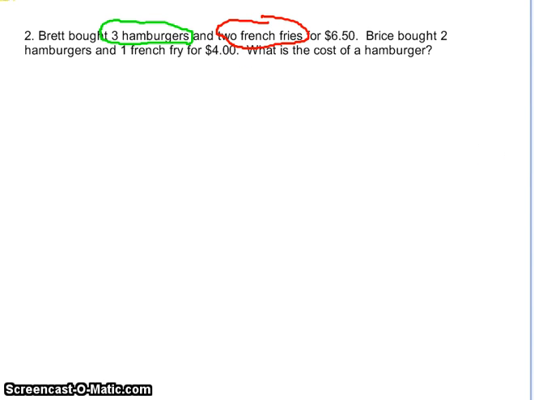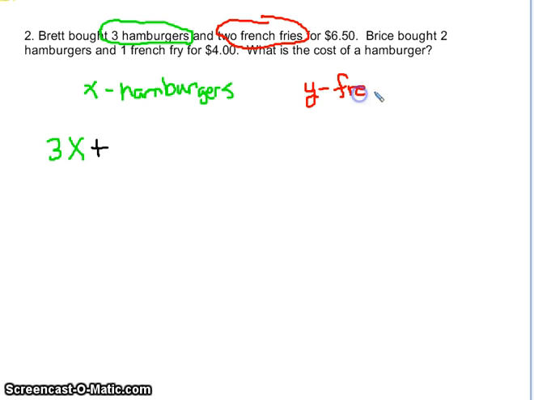If we use X to represent our hamburgers, then we have 3X plus 2 French fries, which is going to be our Y. French fries are going to be Y. So that gives us 2Y.